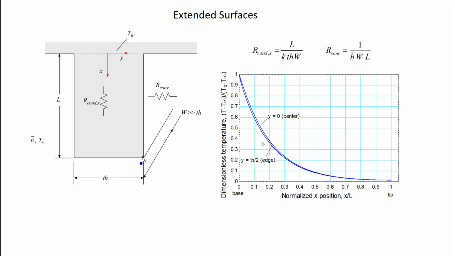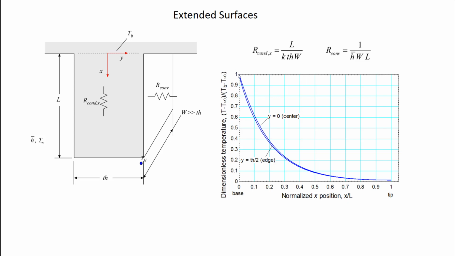If I look at what's happened if I make the extended surface approximation, the center temperature and the edge temperature have collapsed. There's not much of a temperature gradient in the y direction, so these 2 things become sort of the same, right? This is temperature as a function of position x, right? And there's not much difference as I look at different y's because the Biot number is small.